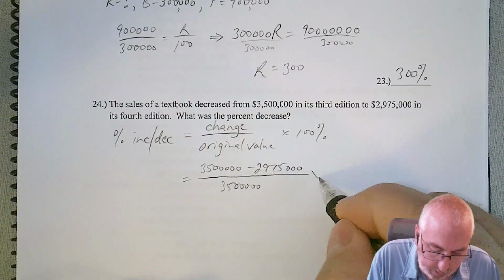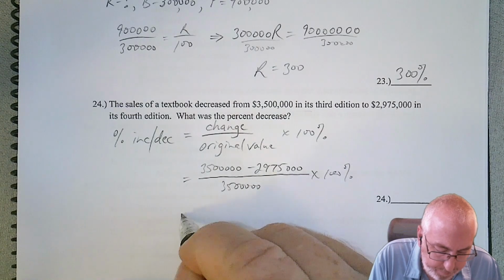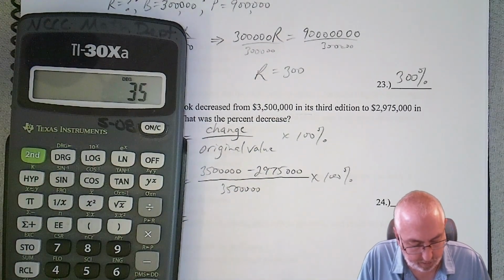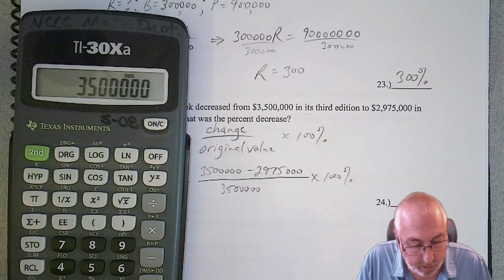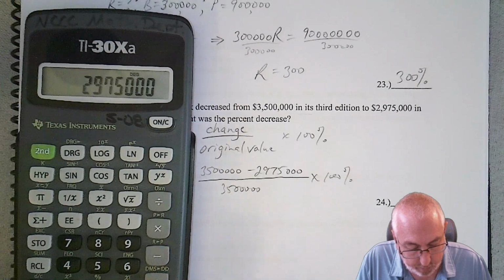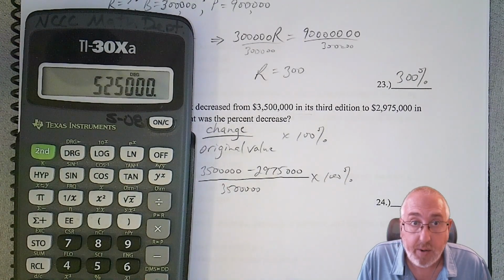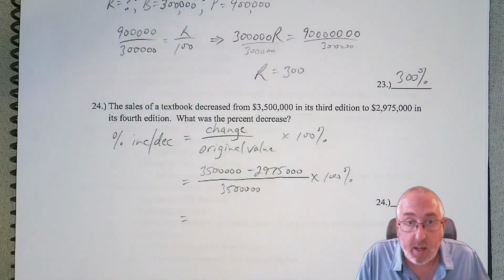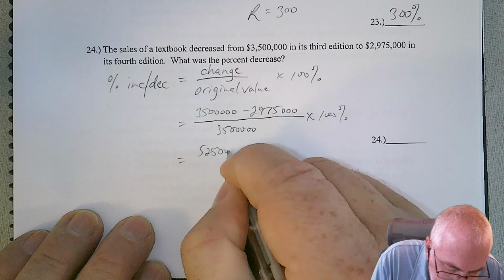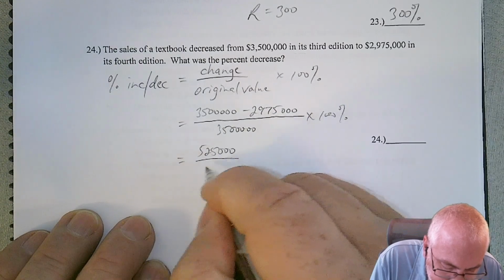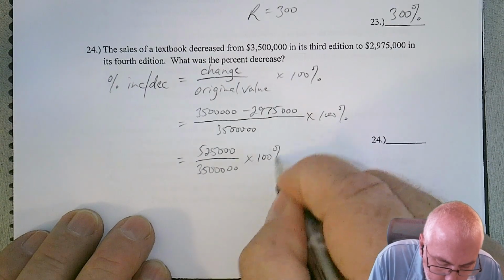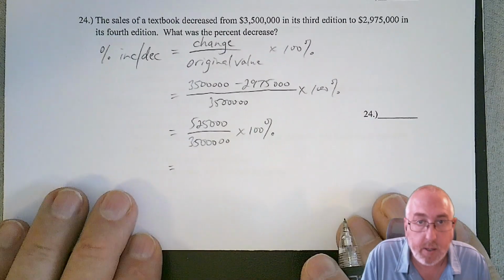So 3,500,000 minus 2,975,000, times 100%. So let's make sure we do it right. 5, 1, 2, 3, 4, 5, minus 2, 9, 7, 5, 1, 2, 3. So 525,000 should be our difference. Over the 3.5 million times the 100%.